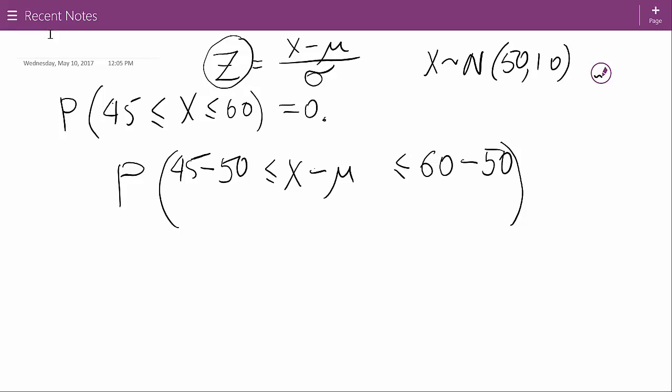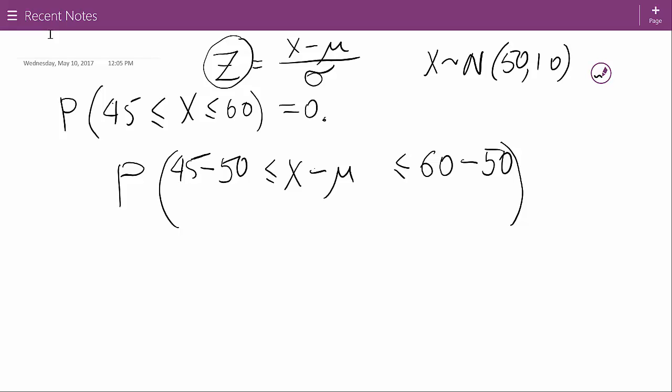Now I have to get a z, so I have to divide all parts by sigma. What's good is that sigma is never negative, because dividing by a negative number flips the signs, just like multiplying by a negative number. If I divide by a positive number, the signs stay the same.